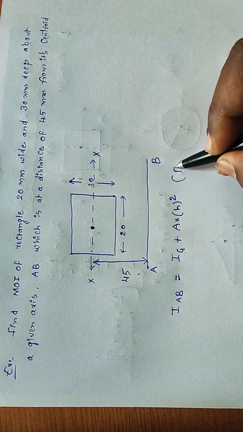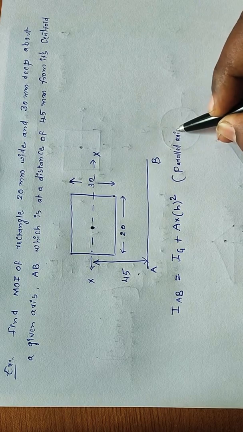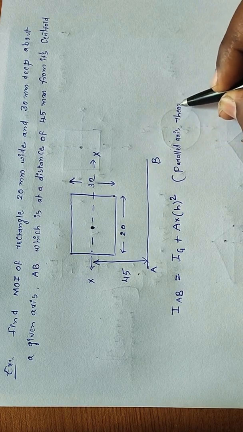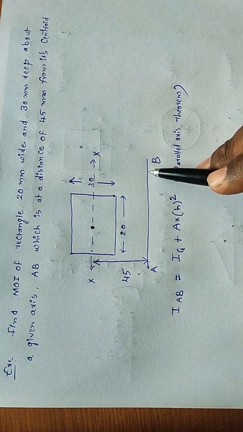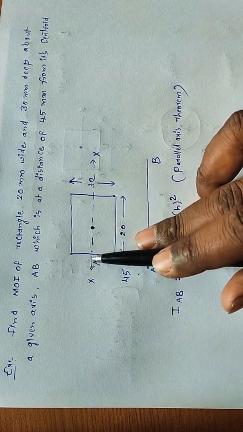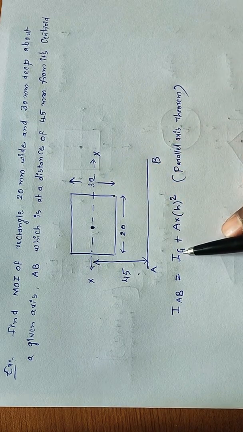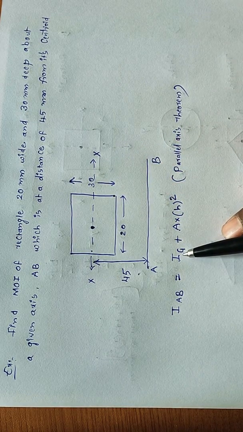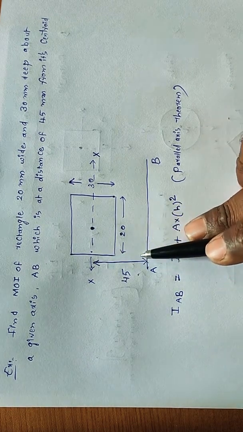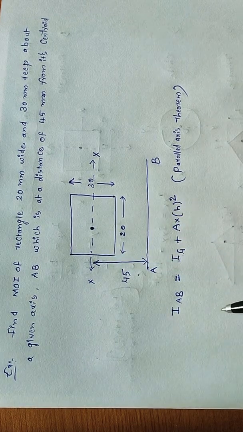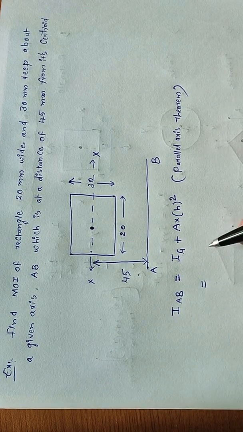So this is the parallel axis theorem. Here we are writing IG as the moment of inertia about the centroidal axis, plus area into the distance between these two axes, that is H.